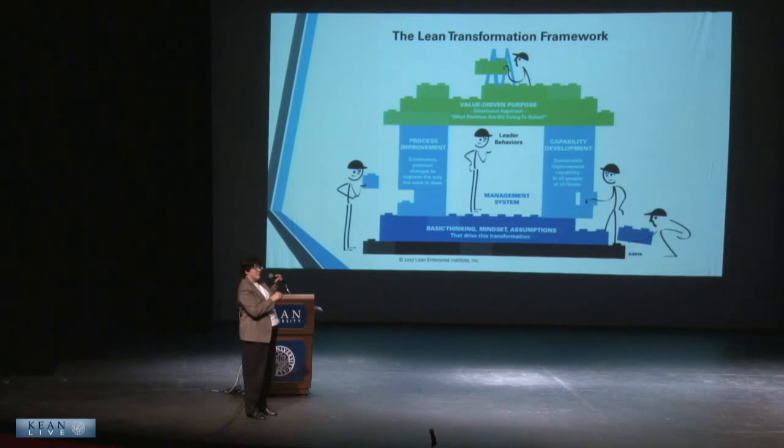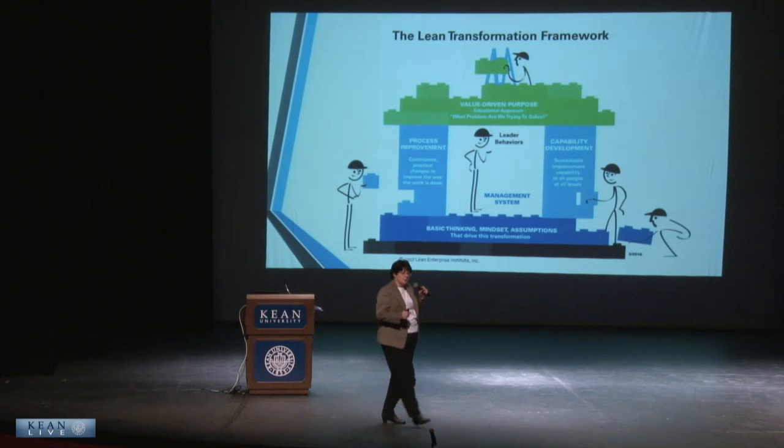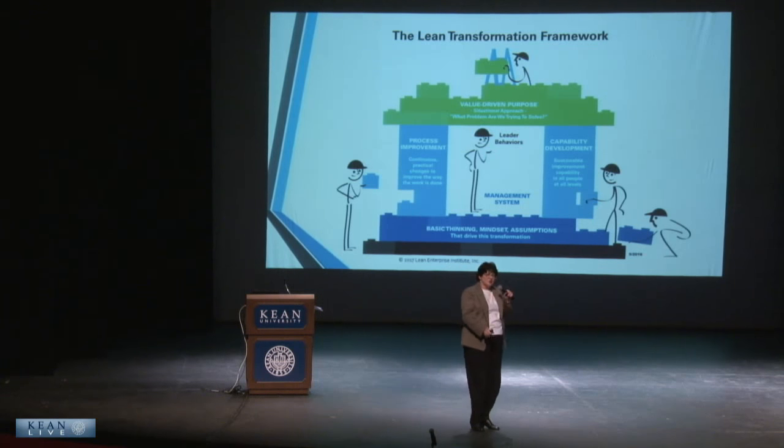Capability development, that's the part about developing your people. Leader behaviors, we addressed that last professional development days with navigating whitewater, developing your leadership skills. And then ultimately, value-driven purpose. And the value-driven purpose is always the student.